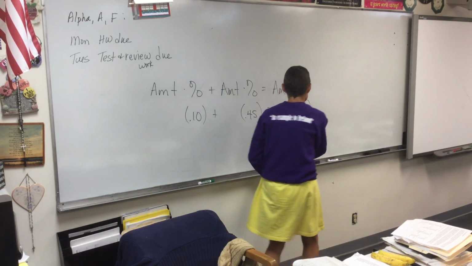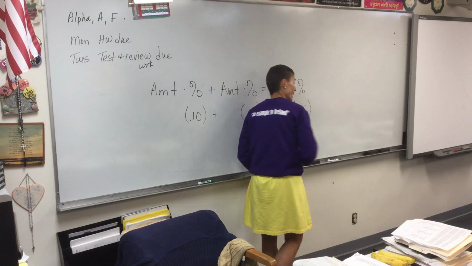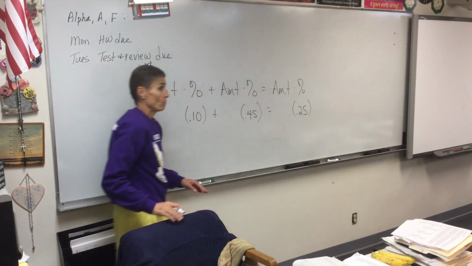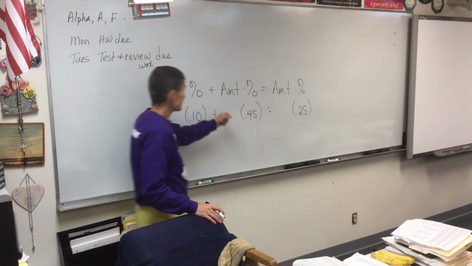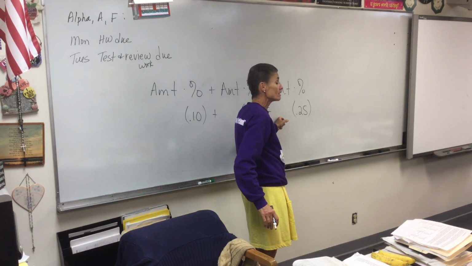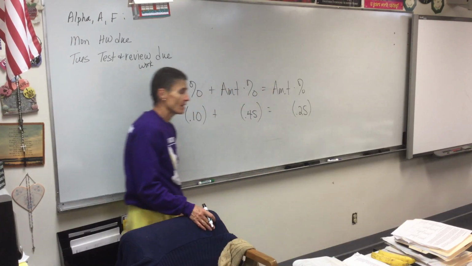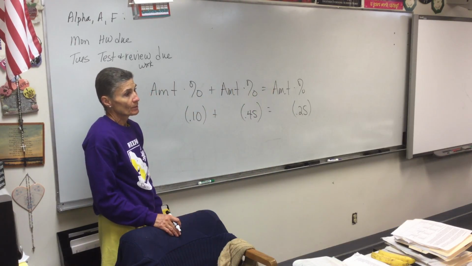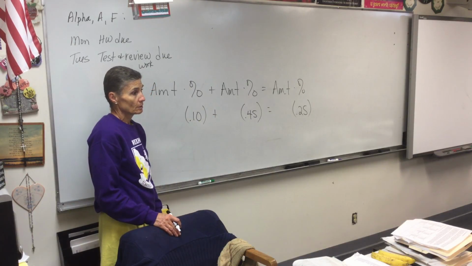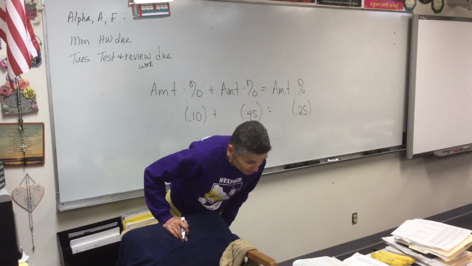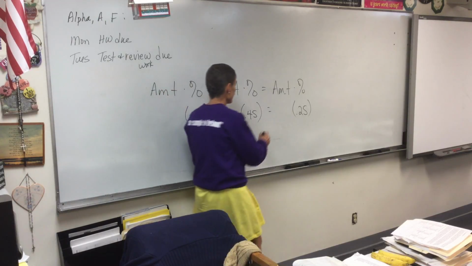Yep, 25%. Okay. Now, in these problems, one of the amounts will be known, and then you'll have to name the other two with variables. All right, so which one do I know? I know the final product is going to be 100.